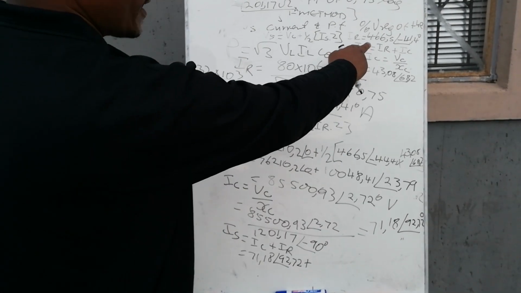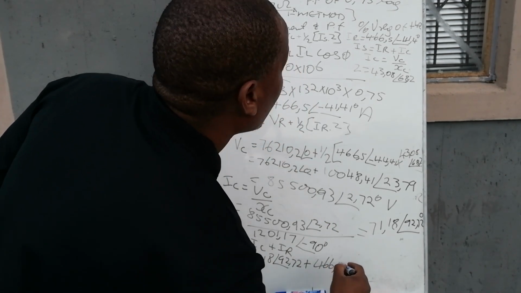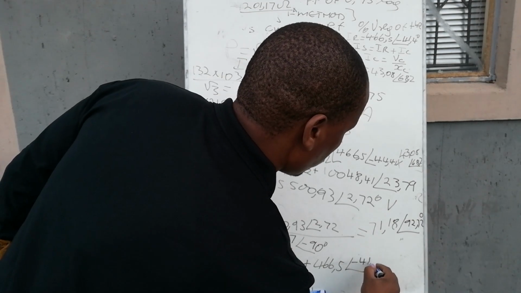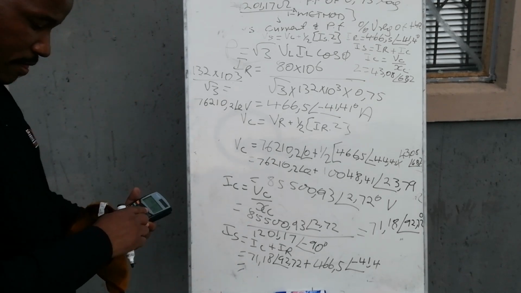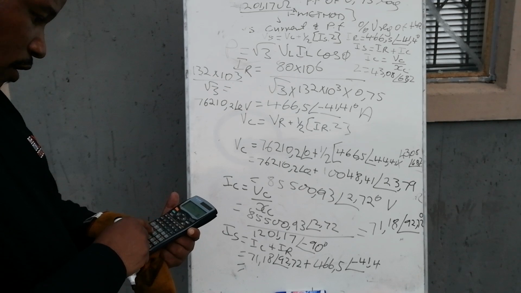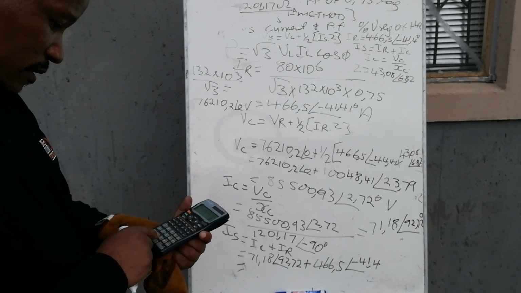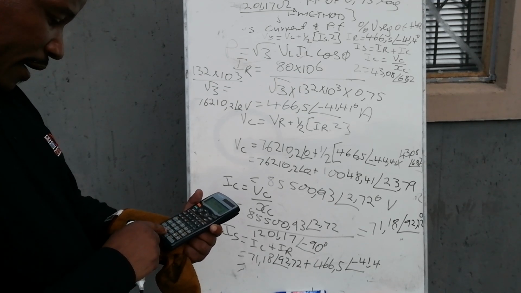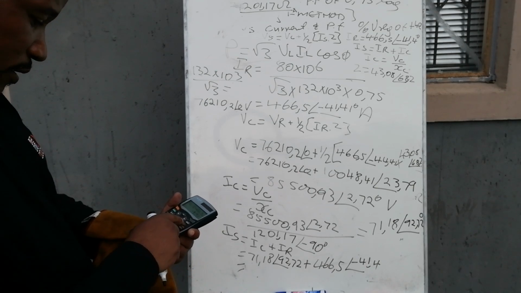What is IR? 400 and something, 466.5 angle of minus 41.4. So it's equals to 71.18 angle of 92.72 plus 466.5 angle of minus 41.4, sorry.